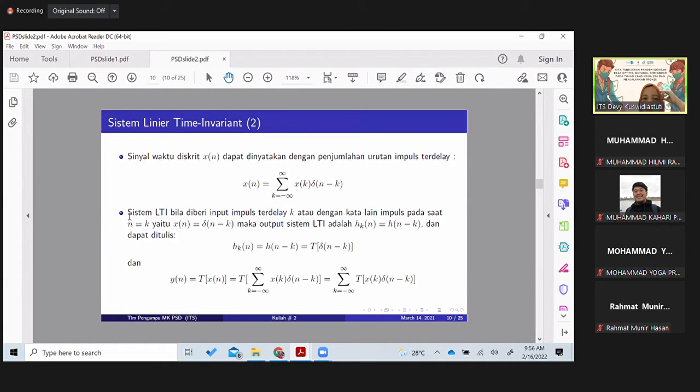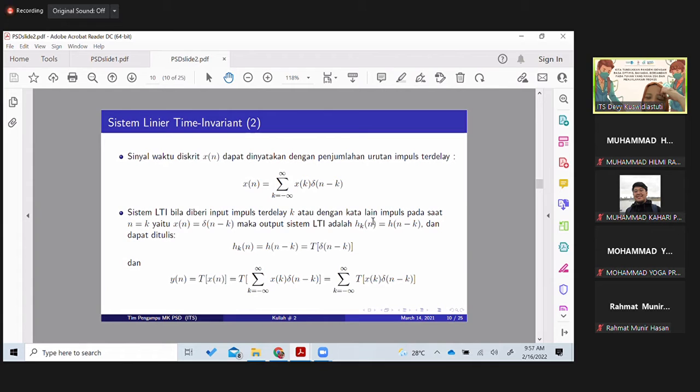So we could say that if an LTI system is given an input which is a delayed version of a unit impulse, δ[n-k], then the output of this LTI system would be its impulse response.